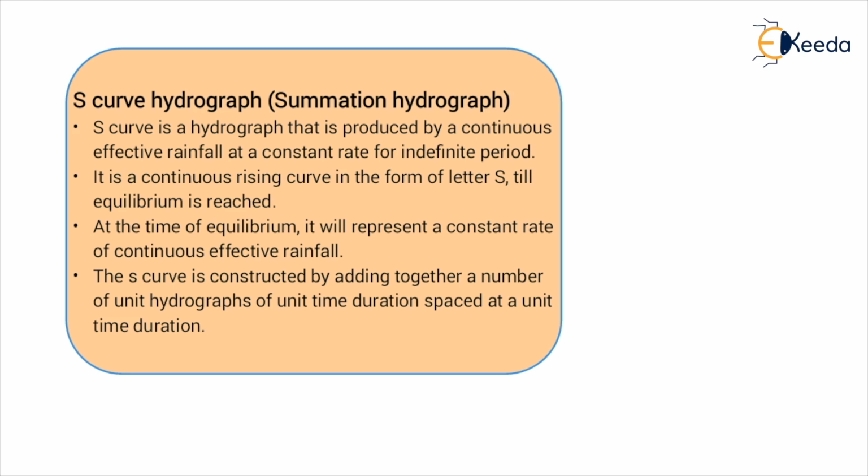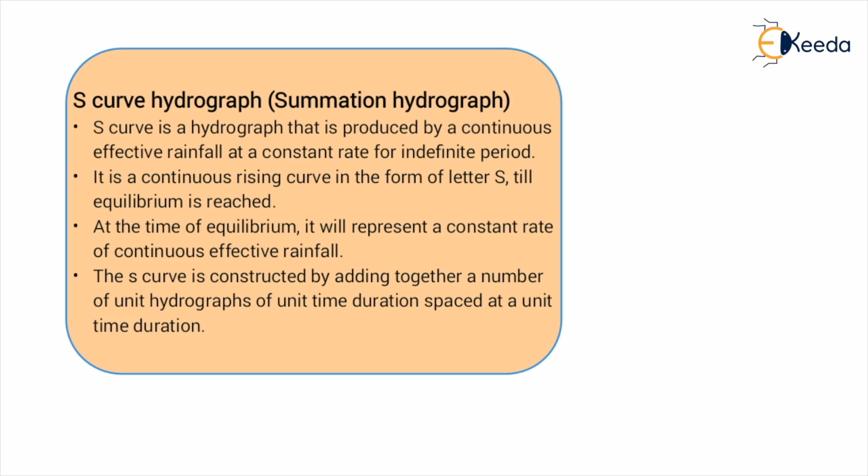If rainfall occurs continuously at a constant rate for an indefinite period, we don't know for what period, whether the next 2 hours, 4 hours, or 10 hours. We can't say for what period that constant rate of effective rainfall will occur. That type of hydrograph, which shows continuous effective rainfall at a constant rate for an indefinite period, is known as an S-curve.